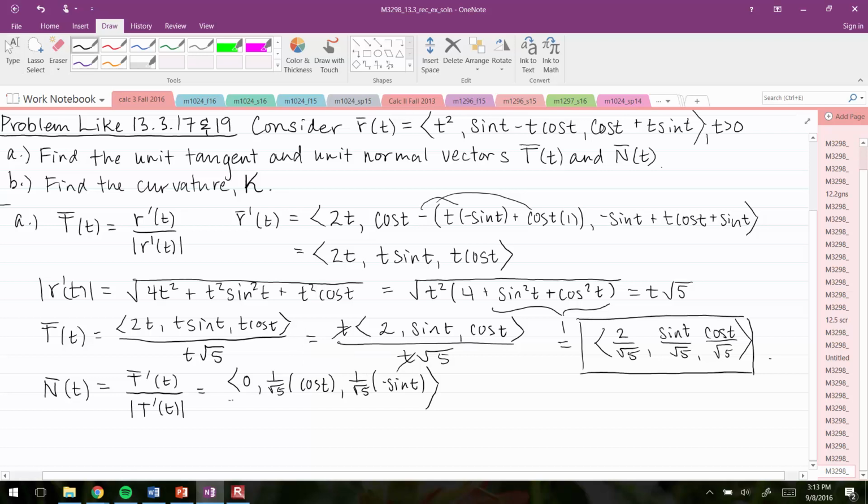That's the top. Down low, magnitude of that. So remember, we square everything, add it, square root it. So then what we'll have, 0 for the first part, cosine squared over 5 plus sine squared over 5, root.